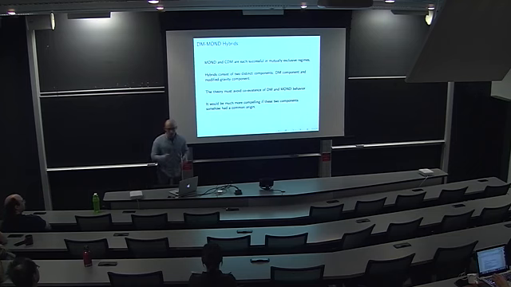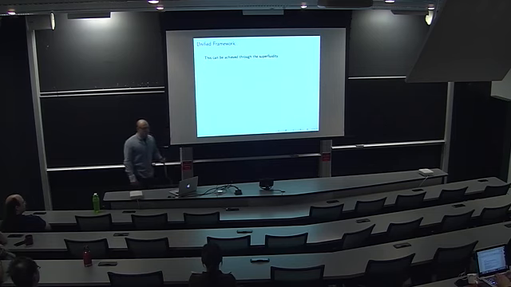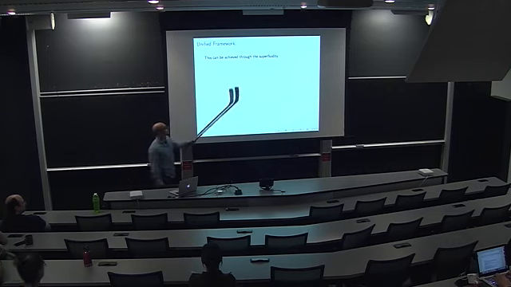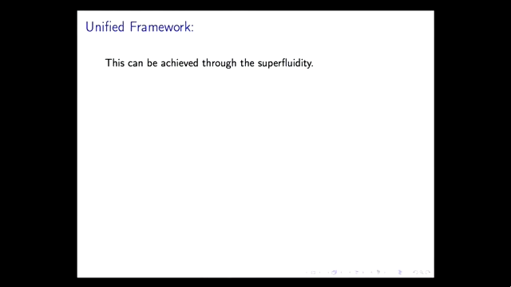For instance, if the dark matter and MOND regimes, these two components, can be different phases of the same underlying substance, then it would be quite interesting. I'll try to convince you that superfluidity is the way to find this unified picture, and that these two behaviors can be unified under one umbrella of superfluidity.